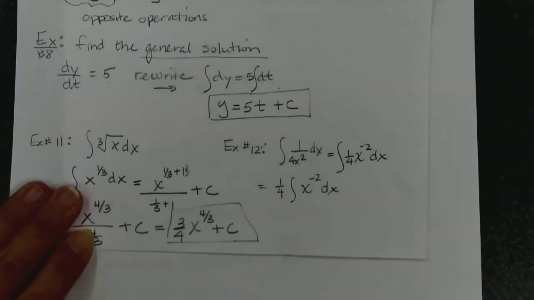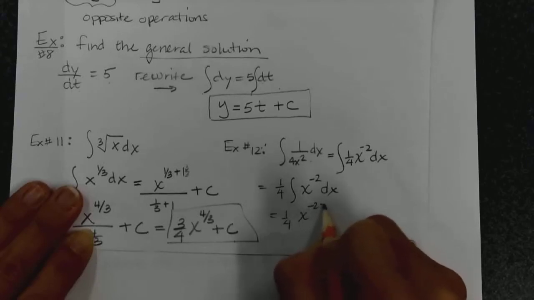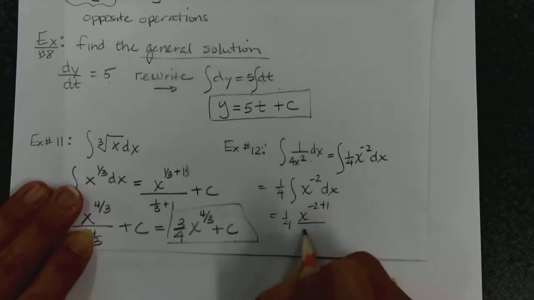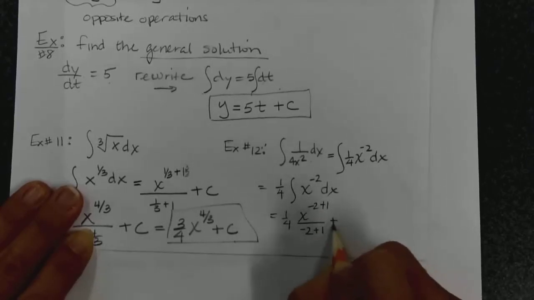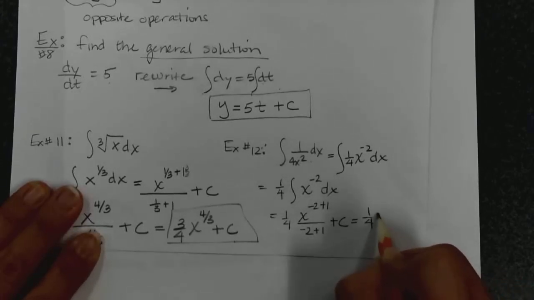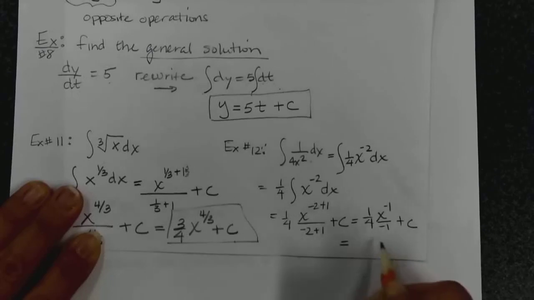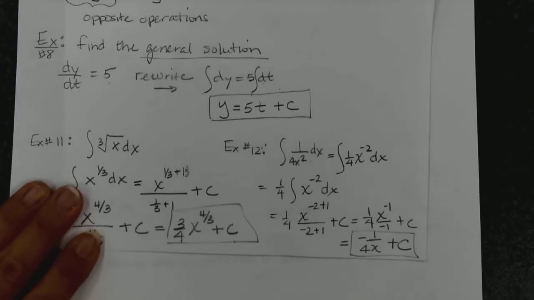Now, using the power rule, we're going to add 1 and divide by the new exponent, which makes it 1/4 times x to the negative 1 divided by negative 1, plus C, which then becomes negative 1 over 4x plus C. And that's your antiderivative.